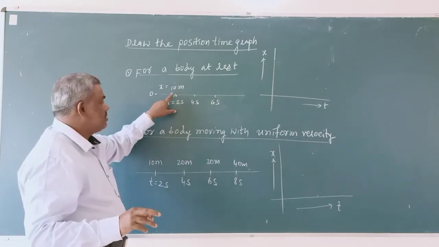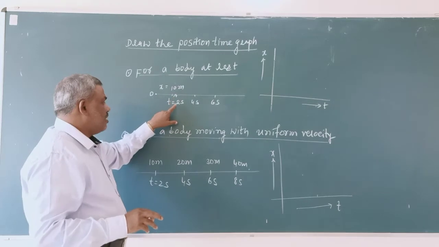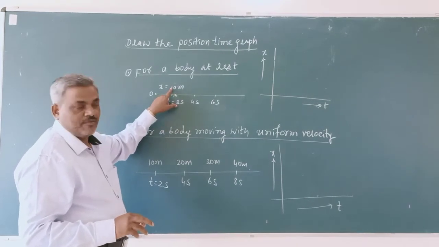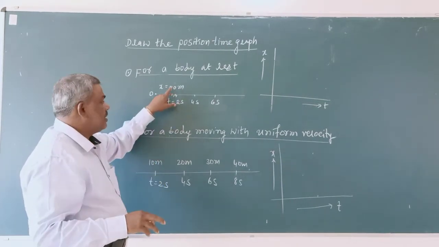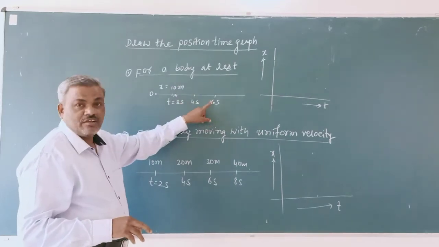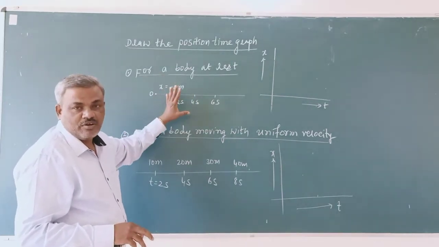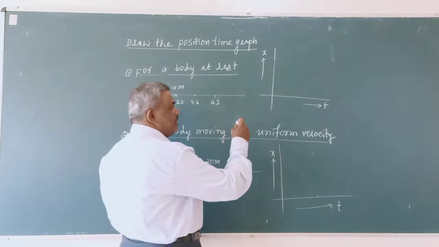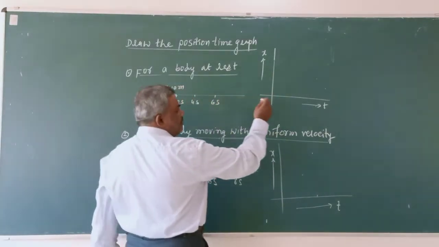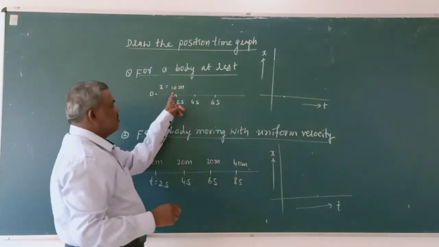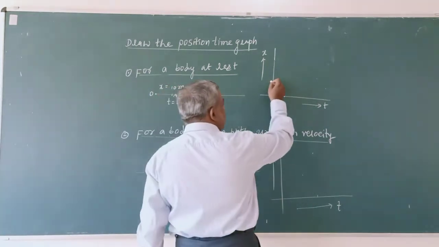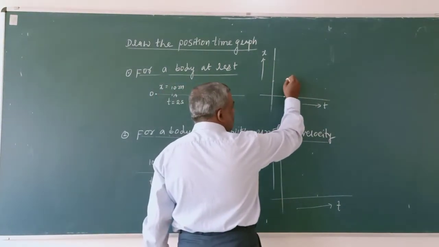How much distance is covered? 10 meters. After 2 seconds, 10 meters. After 4 seconds also, 10 meters. After 6 seconds also, 10 meters. Now plot the graph. In 2 seconds, how much distance is covered? 10 meters. Mark the point here.